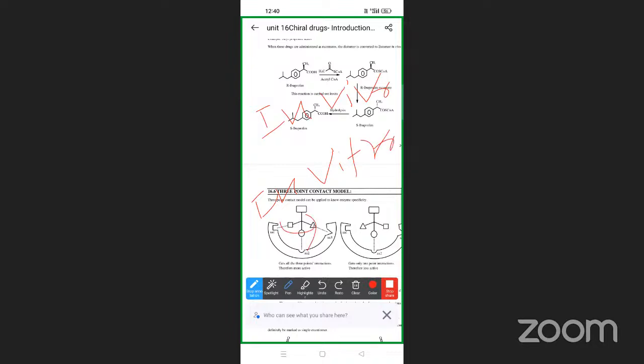We call in vitro the laboratory synthesis, and in vivo the biological synthesis, biosynthesis.